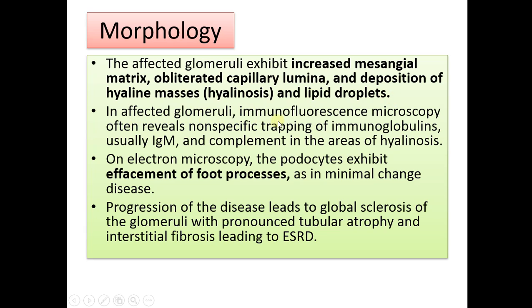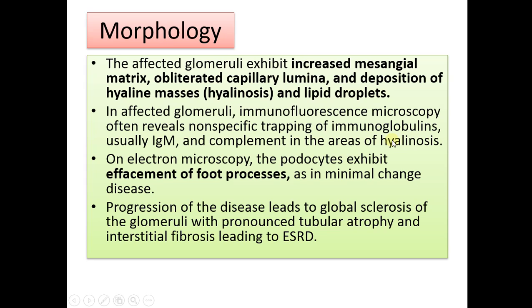In the affected glomeruli, immunofluorescence microscopy, in which we label an antibody with a fluorescent dye and then see the reaction of the antibody with the antigen under the microscope, shows non-specific trapping of immunoglobulins, usually immunoglobulin M, and complements in the area of hyalinosis.